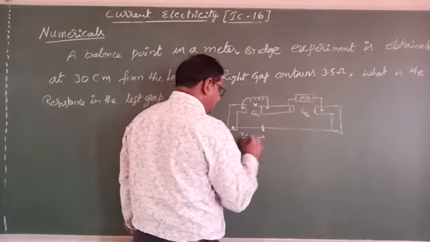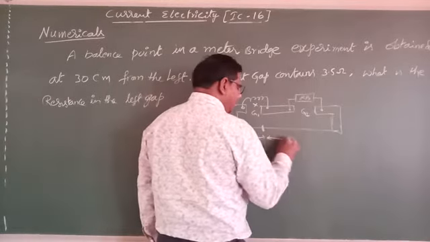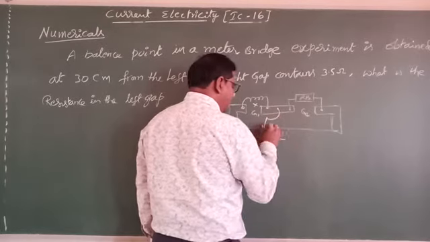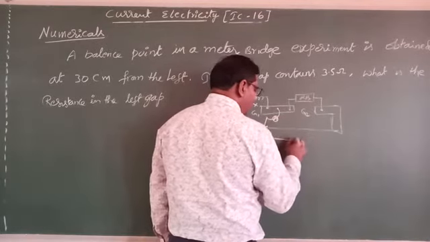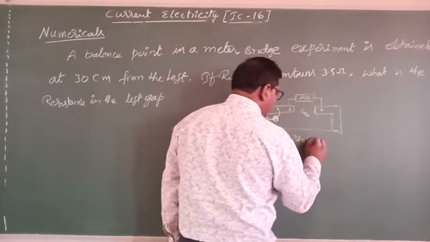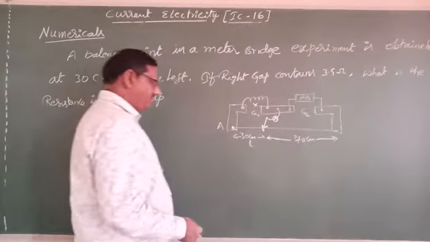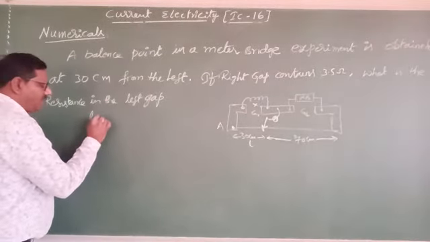This is the balancing length, the small L. So how much is remaining? 100 minus 30, that is 70. Here I am writing the balancing length L or L1.